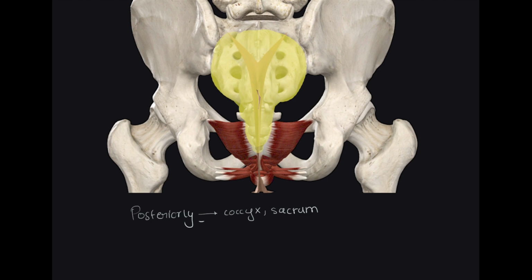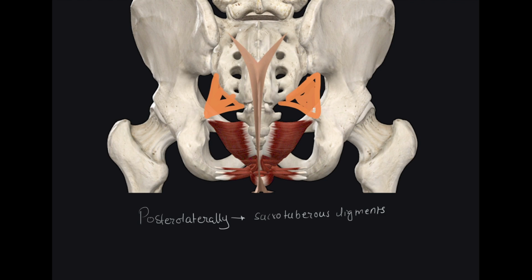And there's also something known as the sacrotuberous ligaments. The sacrotuberous ligaments are the posterolateral limit of the perineum. They are ligaments that come off the border of the sacrum and attach onto the tuberosity of the posterior aspect of the ischial bone.